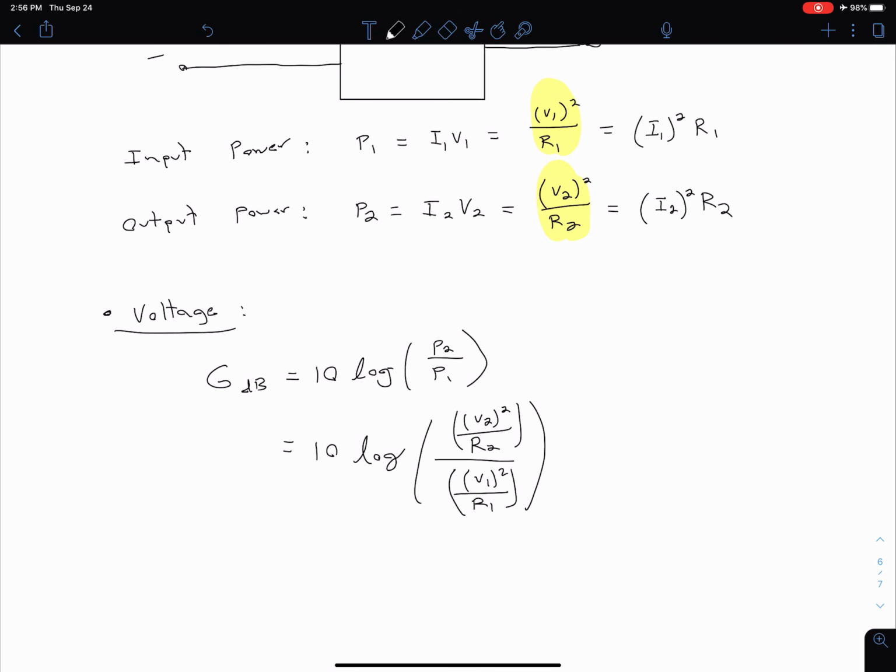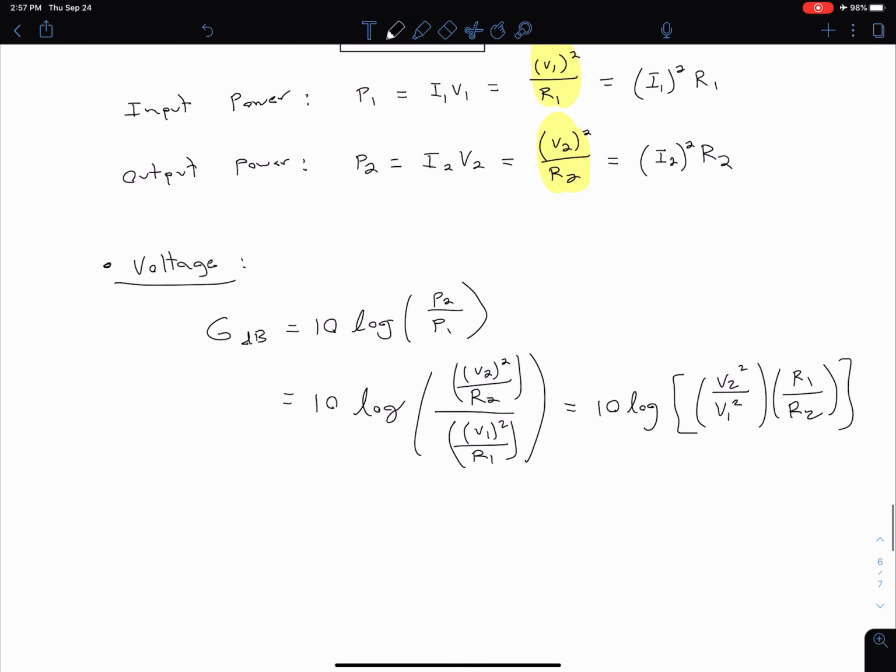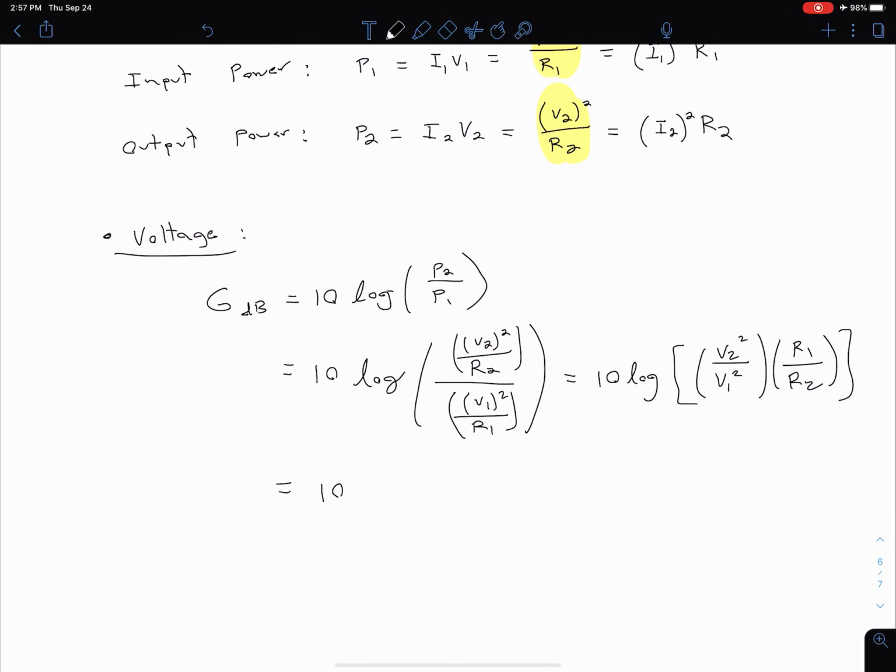Of course, I can clean that up a little, move our R1 up to the numerator and R2 down to the denominator. So we have 10 log base 10 of V2 squared divided by V1 squared times R1 divided by R2. Well, both those voltages are squared, so I can pull that squared out, so I can say this is 10 log of V2 divided by V1, that value squared.